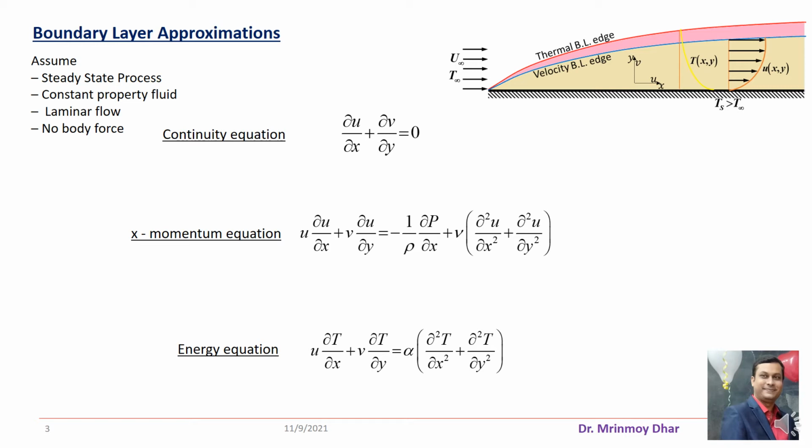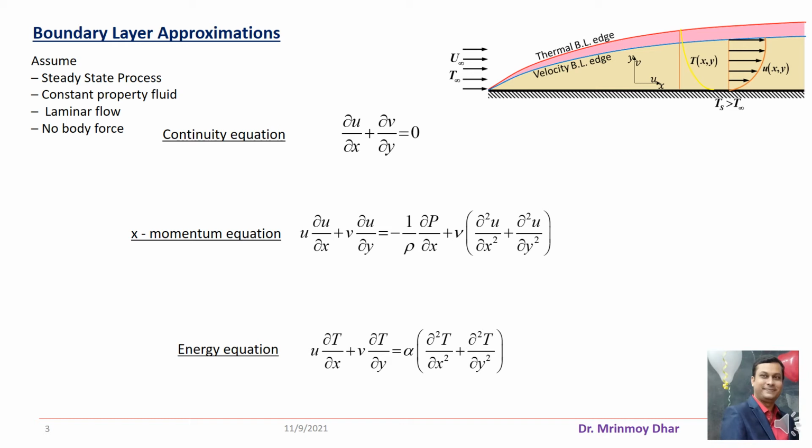For these assumptions, here is 2D flow over a flat plate, where a free stream of velocity u infinity and temperature T infinity is approaching a flat plate. Here there is T surface, as I mentioned earlier, surface temperature Ts greater than free stream temperature T infinity.